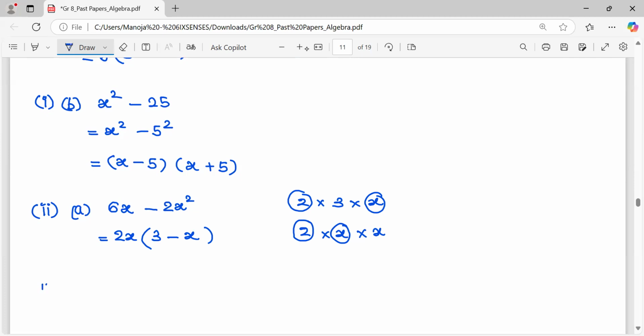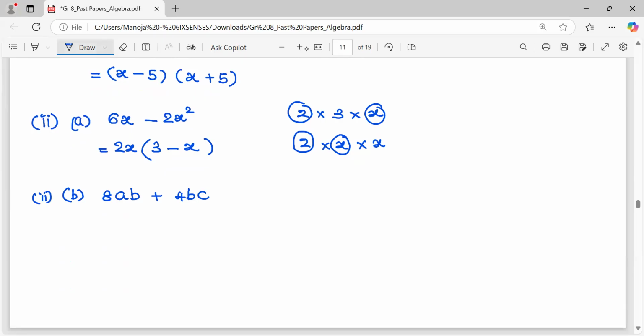Then we will move to question number 2, part B. We have 8AB plus 4BC. Here you can write 4 times 2 times A times B and 4 times B times C. Then 4 is common, B is common.